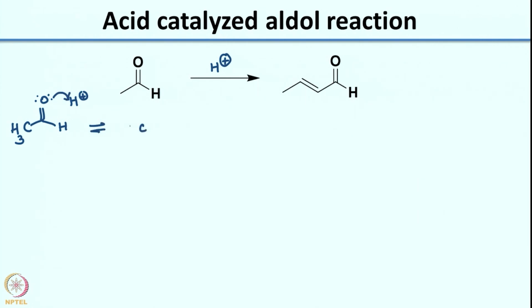So, what you end up generating would be this protonated species. Now, I am going to write this methyl as CH2H, because now I have an acidic proton here, and this can be grabbed by, remember the medium is acidic, so you will not have OH minus there.